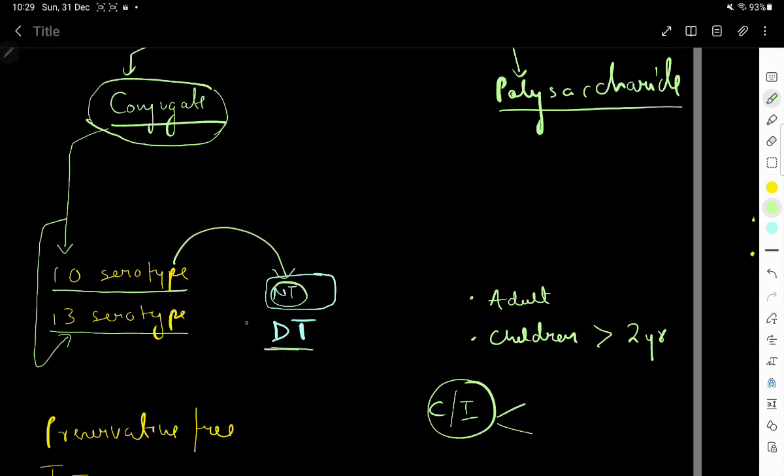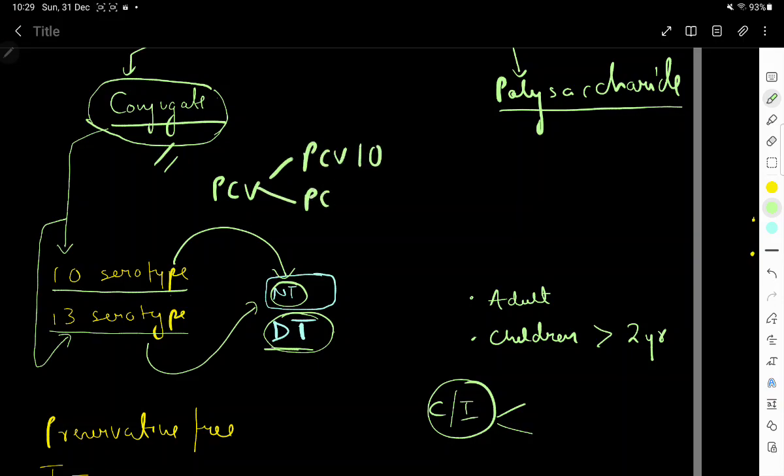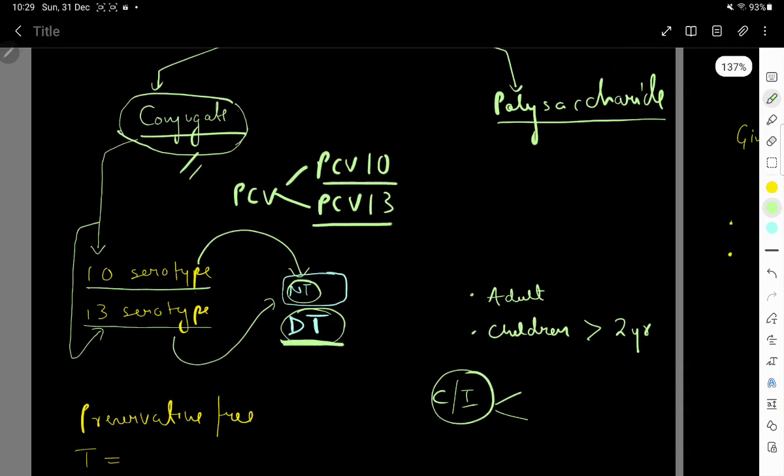So these 10 or 13 serotypes get conjugated with a non-toxic diphtheria toxin, and we get our conjugate vaccine, known as PCV. So we can have a PCV 10 or a PCV 13, based on the number of serotypes we have added to a non-toxic strain of diphtheria toxin.